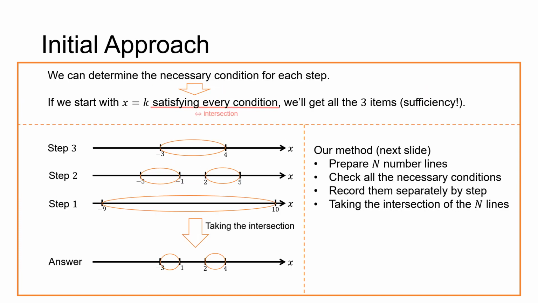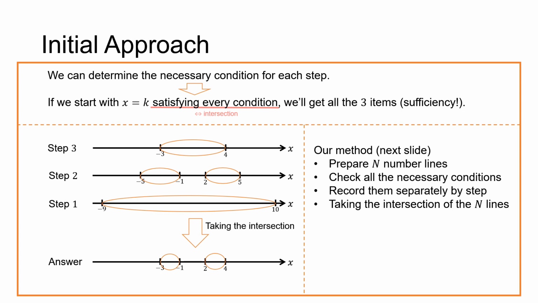We apply this idea to each step and we have n necessary conditions in total. Note that they are only necessities, but here it's worth thinking about the x-coordinates which satisfy all the conditions. That is, when we start with x equals k satisfying every condition, we pass all the steps and we can get all the items.